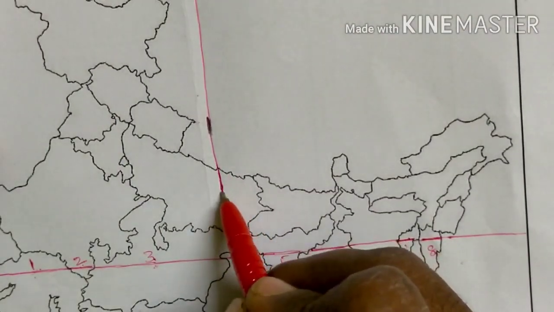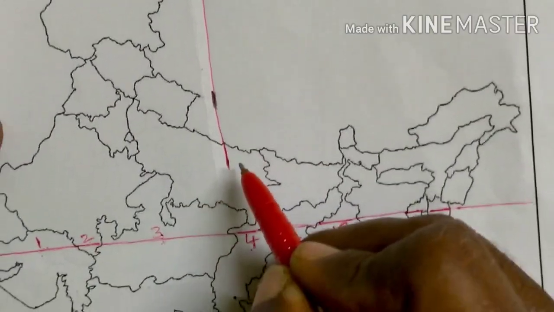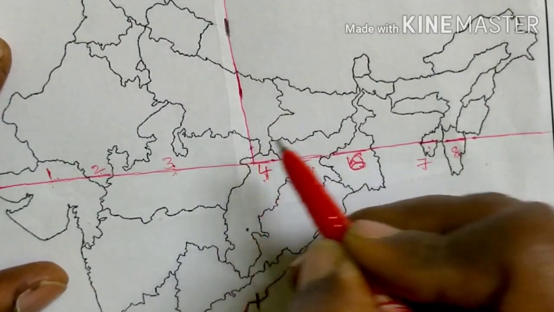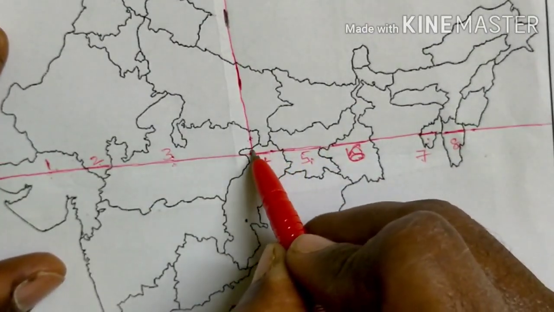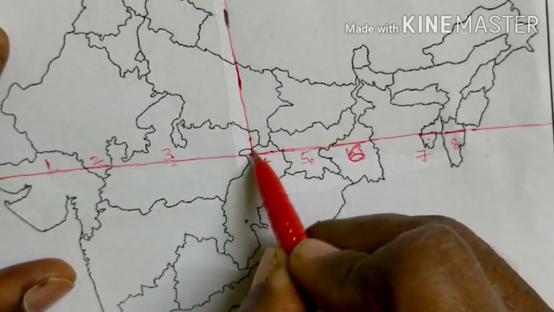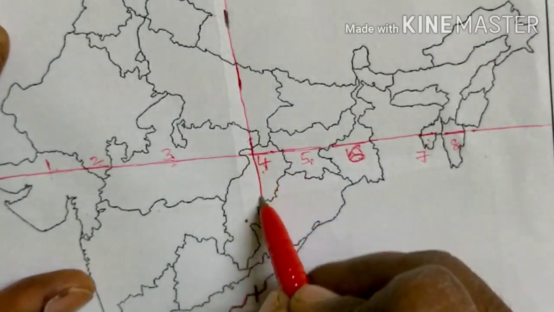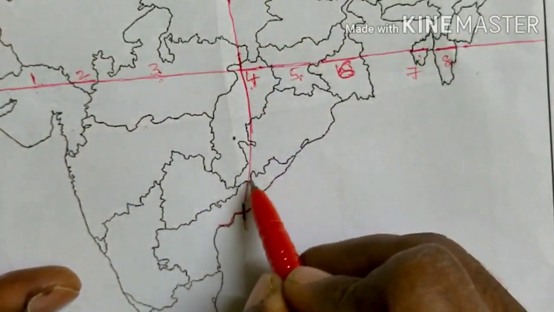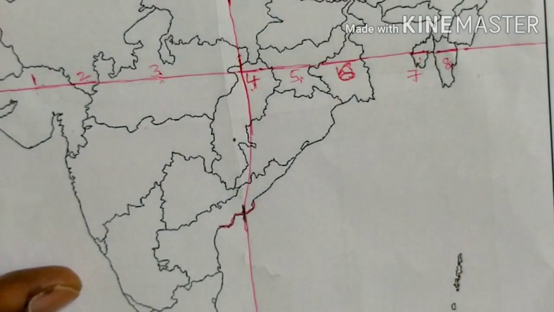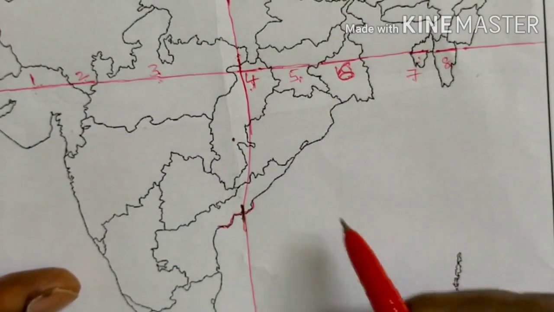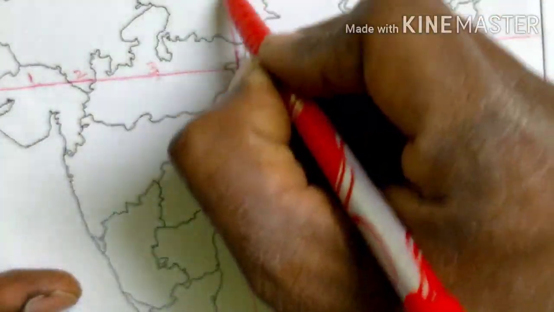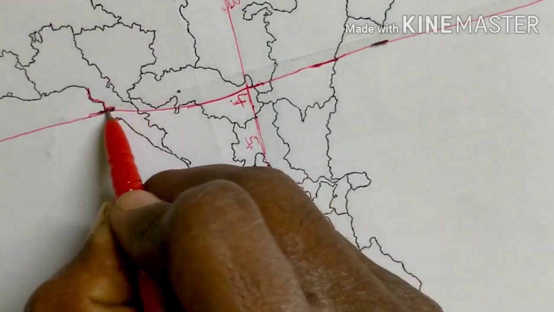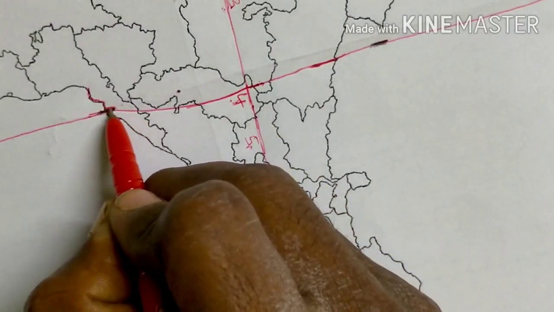Which state? This state is Uttar Pradesh, Madhya Pradesh, Chhattisgarh, Orissa, Andhra Pradesh.